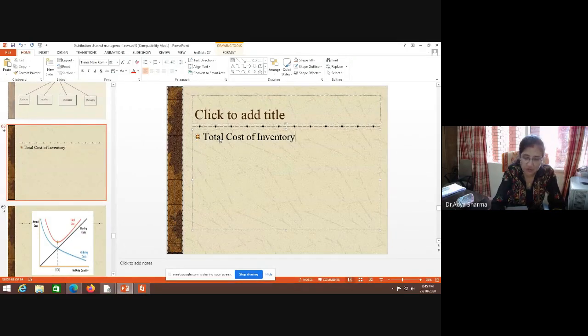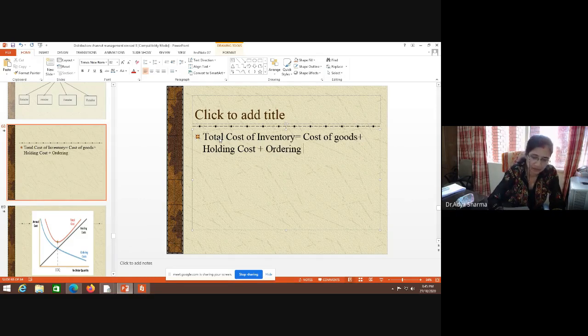When we say total cost, we are talking about the total cost of the goods, so cost of goods. We are talking about holding cost, and we are talking about ordering cost. Now, what is cost of goods? You would understand what is holding cost and what is ordering cost.